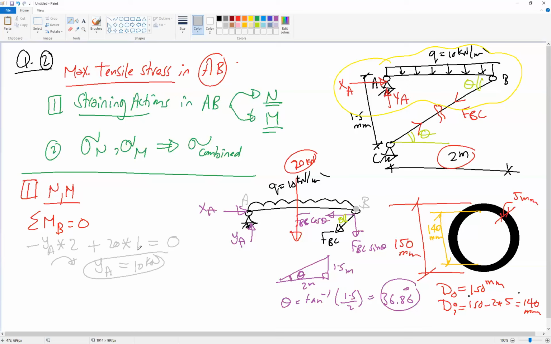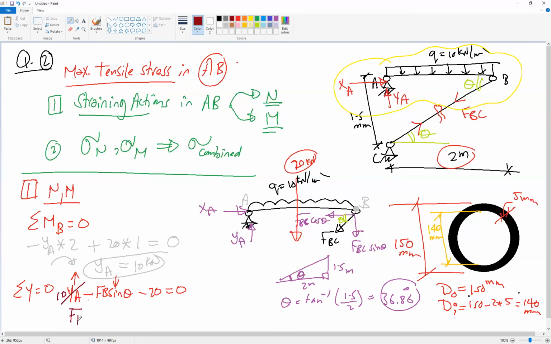Okay, if we apply summation Y equal to 0, we have YA plus FBC sine theta, but this should be negative because this is upward and this is downward, minus 20 should be 0. We know already that YA is 10.